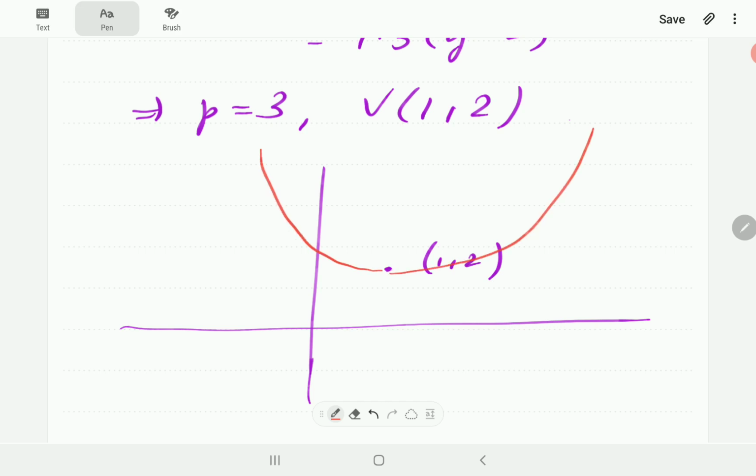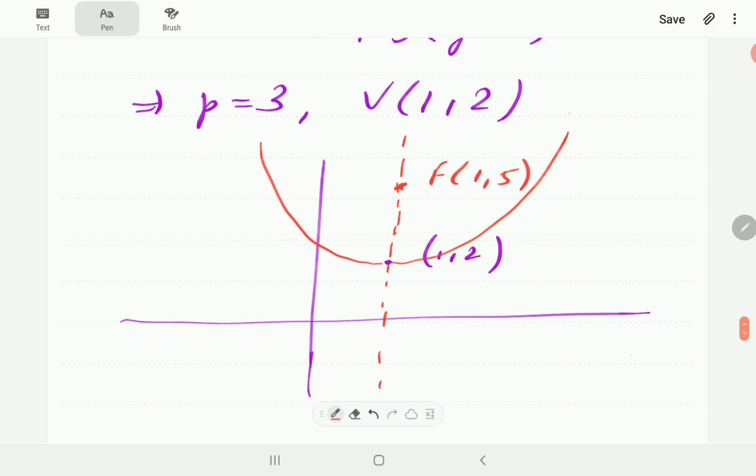Okay, and then a distance of p up from 1, 2, we are going to have our focus. So the p is 3, so 1, 2, and then plus 3, that's going to be 1, 5.